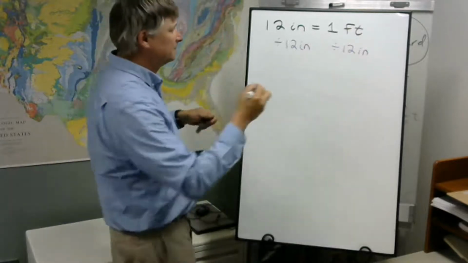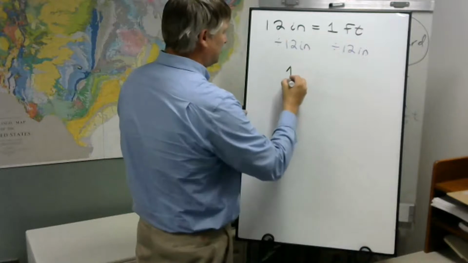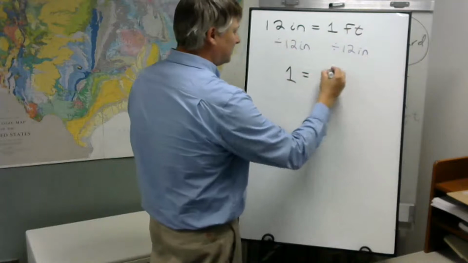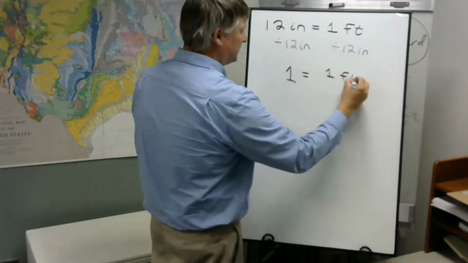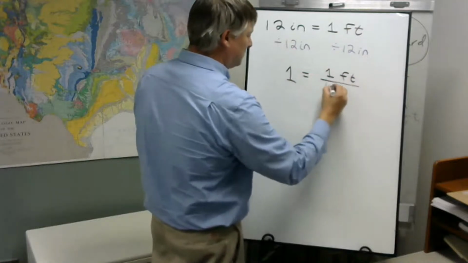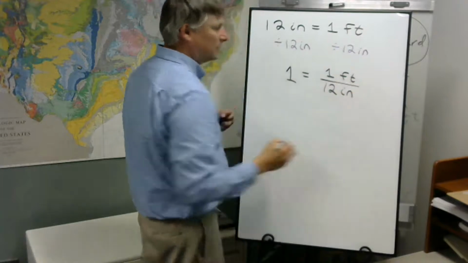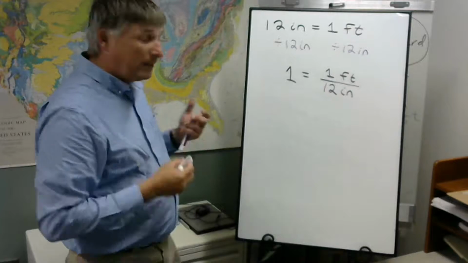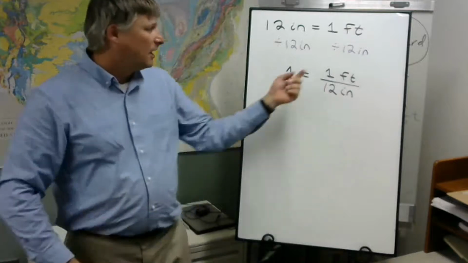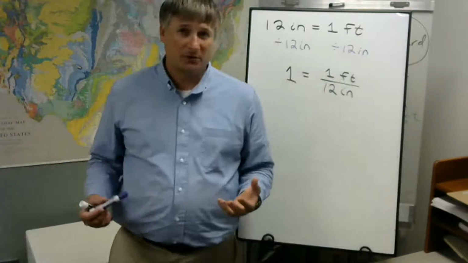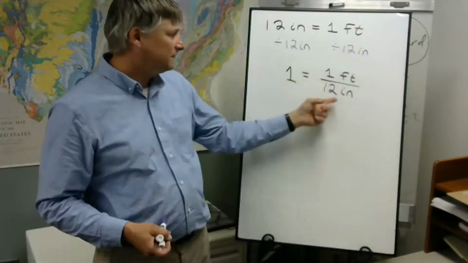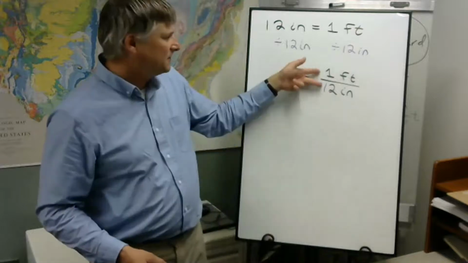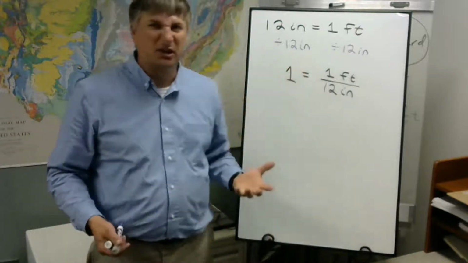If we do that, well, something divided by itself is 1. So we get 1 foot over 12 inches. So what this says is this: a foot is the same distance as 12 inches. So if you take this distance divided by itself, just expressed differently, but these are the same quantities, we should get 1.